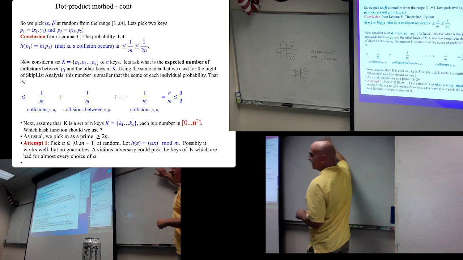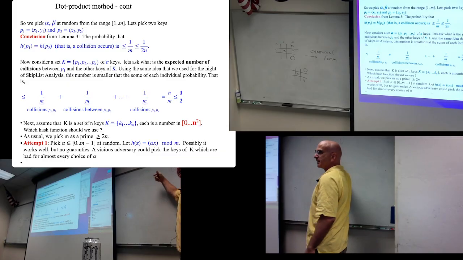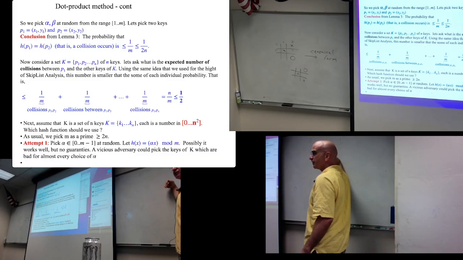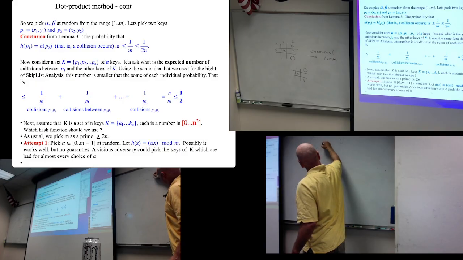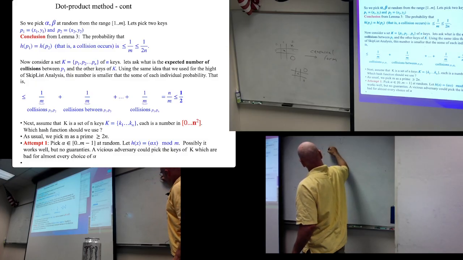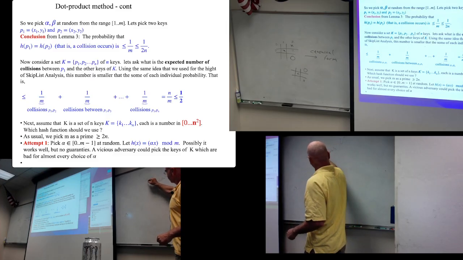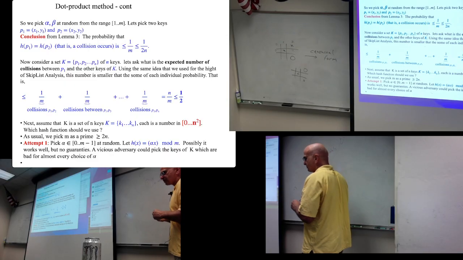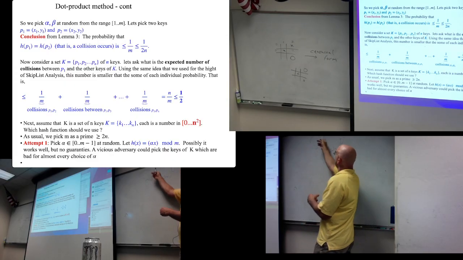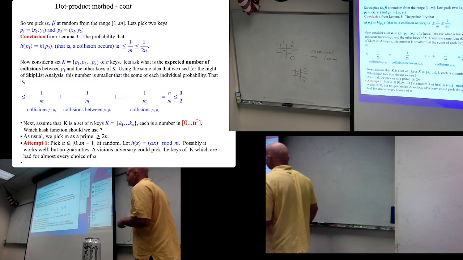U is a set of all the possible keys that I might feed into my hash function. K is a set of n students or n IDs, which I don't know yet. But n is much smaller than all the universe U.